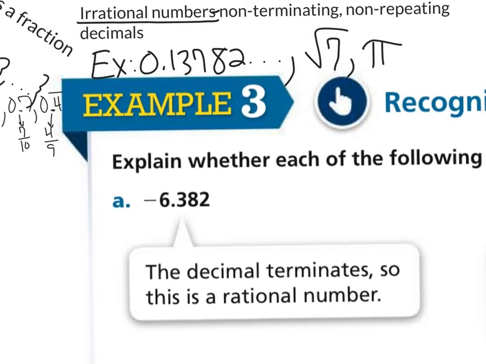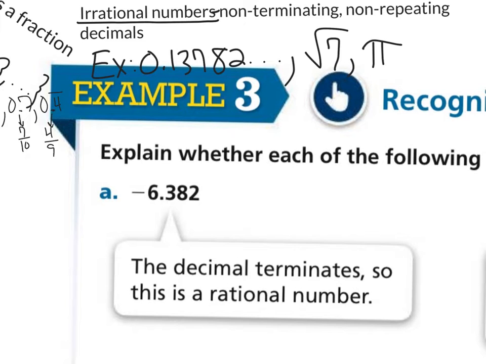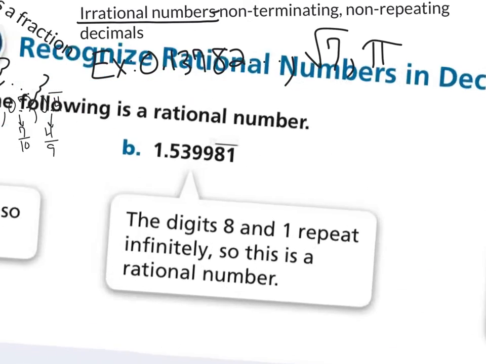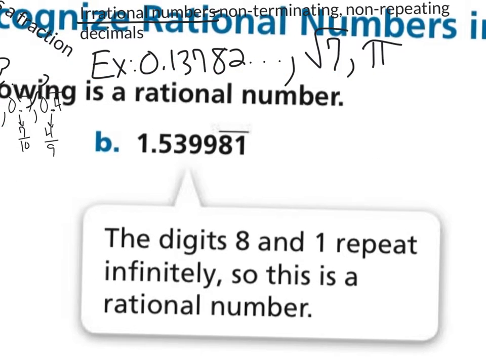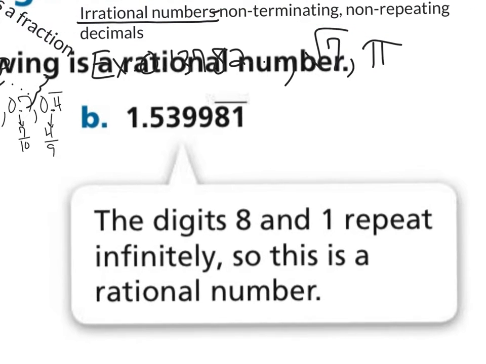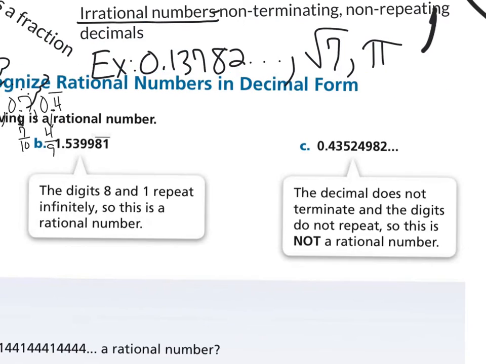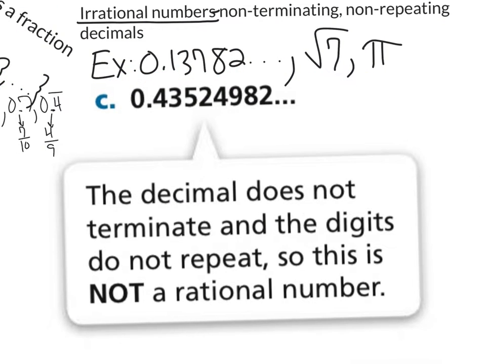But basically, if the decimal ends, if we don't have a decimal that keeps going and doesn't repeat itself, then it's going to be rational. Part B, at the end there, it is repeating, so that would be rational as well. C keeps going. We don't see a pattern there at all, so that would not be a rational number, or we could say an irrational number.